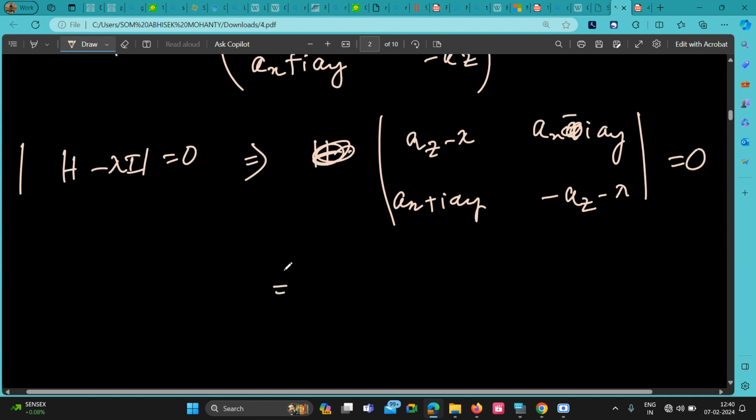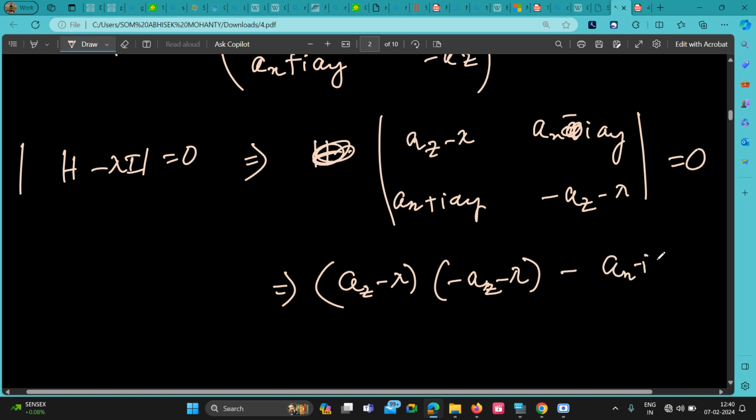So it becomes the determinant of (Az minus lambda, Ax minus iAy; Ax plus iAy, minus Az minus lambda) equal to 0. So (Az minus lambda)(minus Az minus lambda) minus (Ax minus iAy)(Ax plus iAy) equals 0.